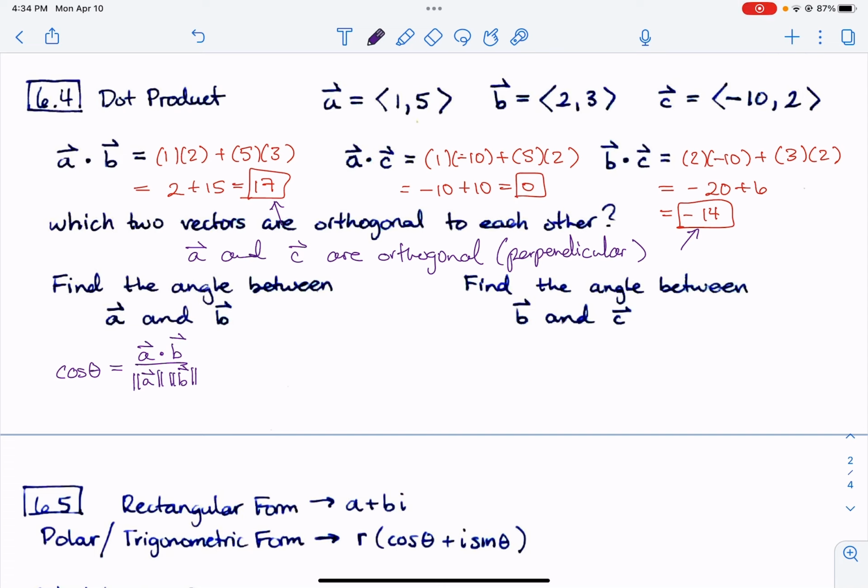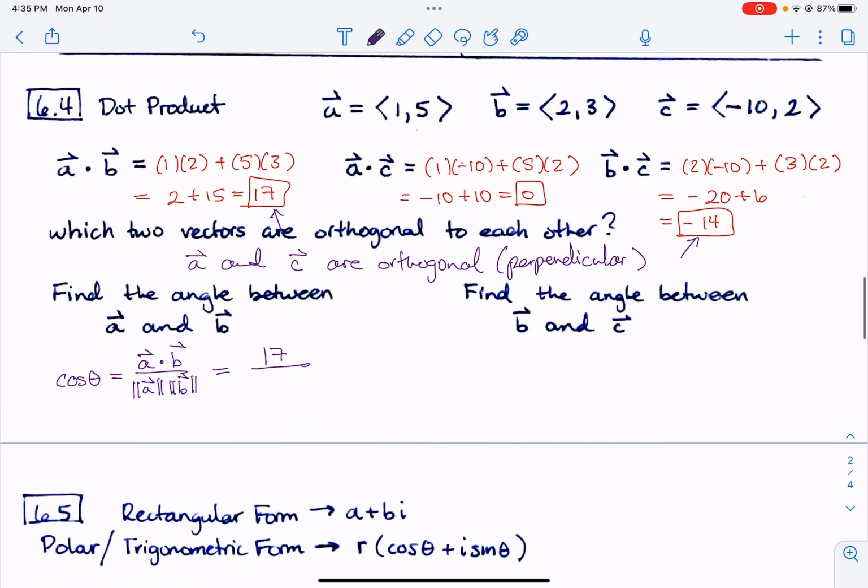But we know what A dot B is, right? We already got that answer. It was 17. Now we just need to calculate the magnitudes, right? So the magnitude of A is going to be 1 squared plus 5 squared. That's 26. So square root of 26. The magnitude of B is 2 squared plus 3 squared. Well, that's 4 plus 9. That's 13.